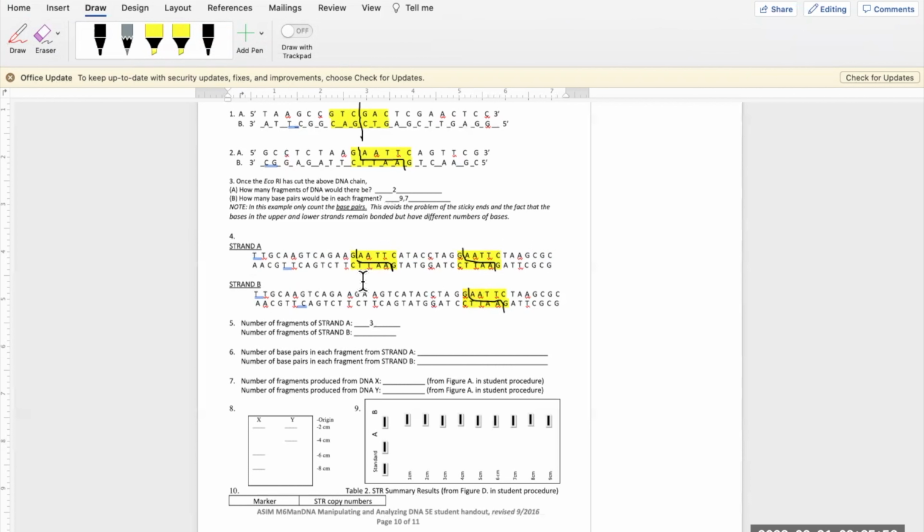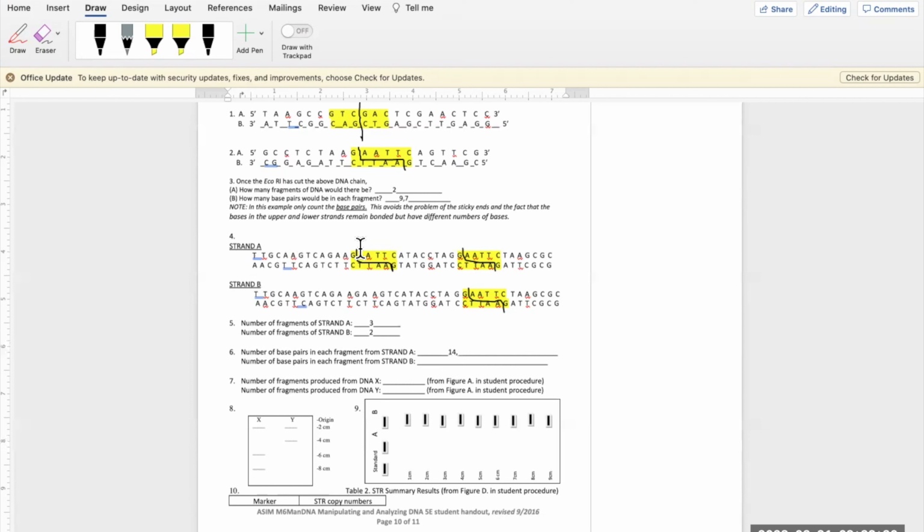Number of base pairs in each strand for strand A. So let's count those. We have 1, 2, 3, 4, 5, 6, 7, 8, 9, 10, 11, 12, 13, 14.